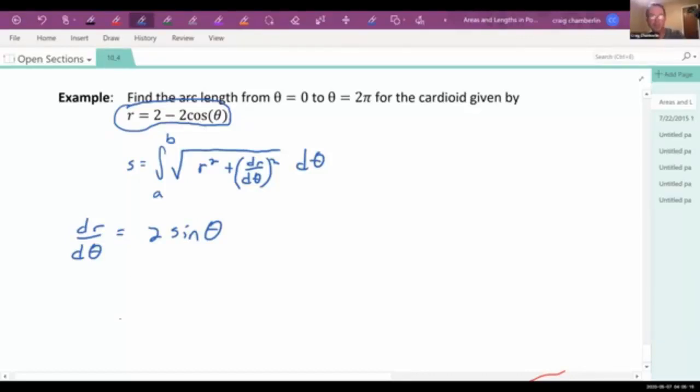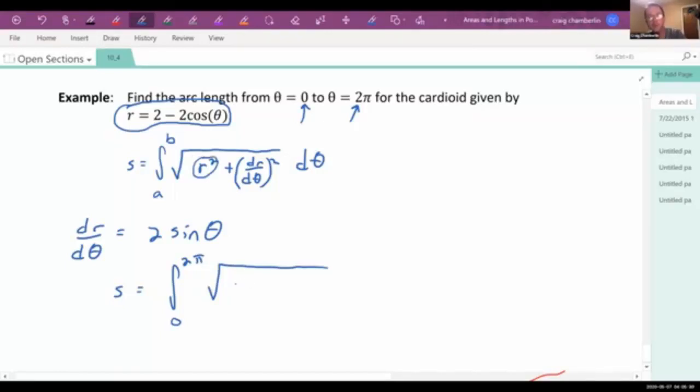Okay, so set it up. S is going to be the integral from, what's a, what's b? 0 to 2 pi. And then the square root of r squared. Well, we can't put in r. It's an integral with respect to theta. We have to put in r in terms of theta.